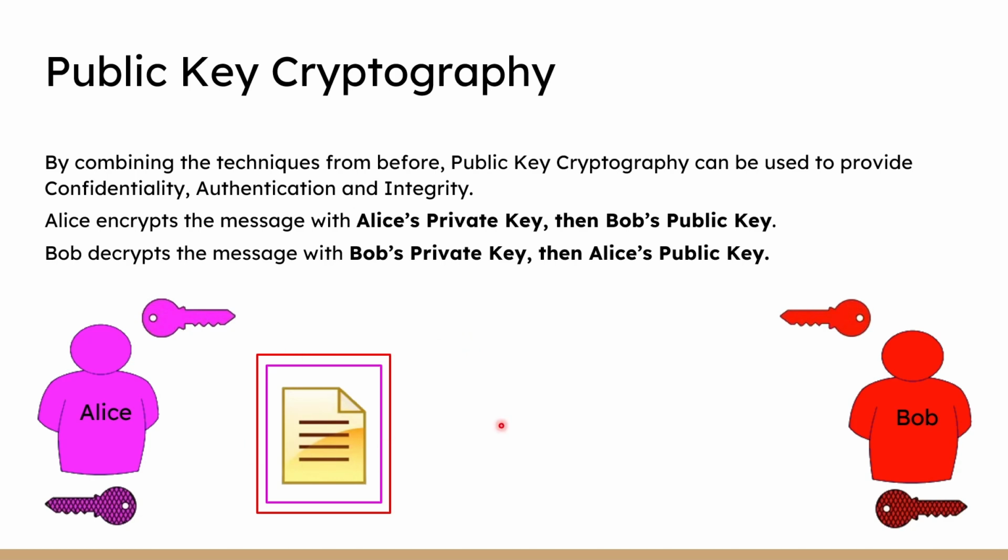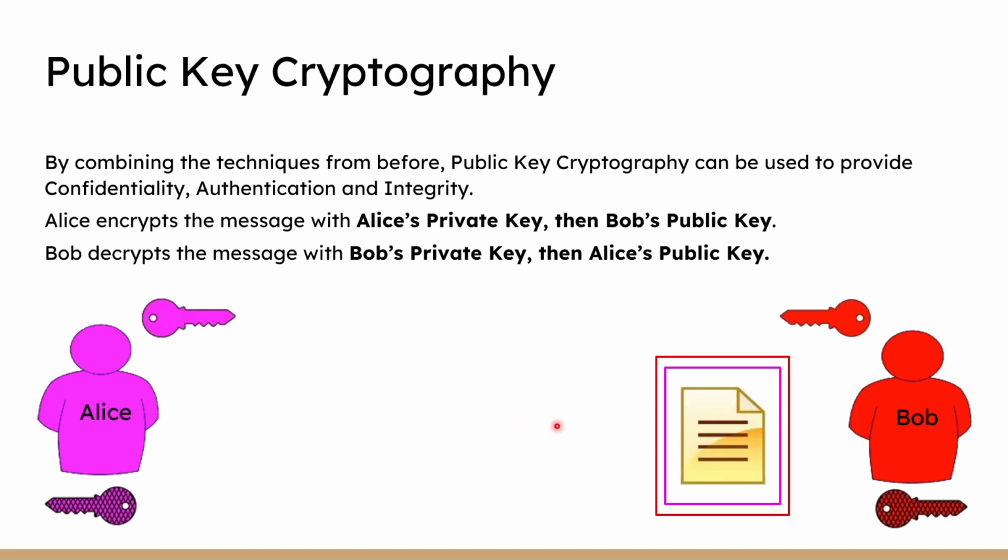Then she sends the message, and now Bob uses his own private key to decrypt, so he can be confident that only he can read this message, because only he has this key. And then he uses Alice's public key to decrypt this and get the original message. If the message is intact, he can be sure that Alice sent this and that no one else has changed it.